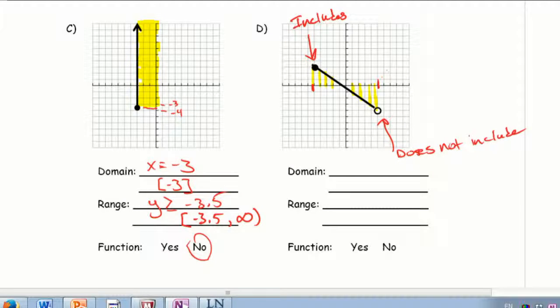If I count on my graph, this looks like negative 5, and this looks like positive 5. So all of my x values are going to be between negative 5 and positive 5. I'm going to write this like this: negative 5, and then positive 5. I'm going to put my x between those things.